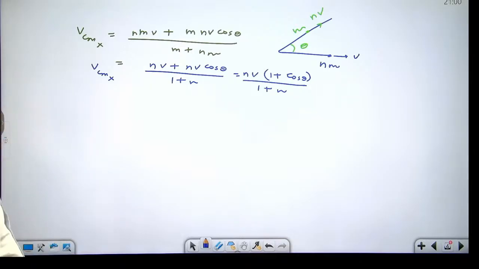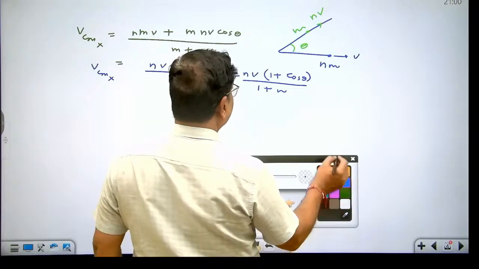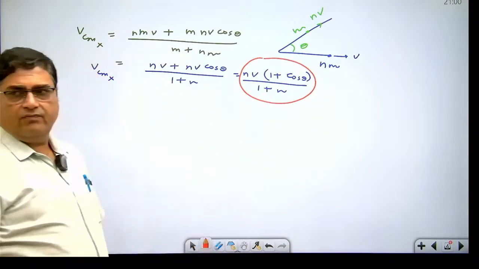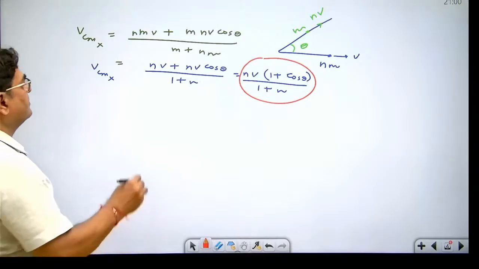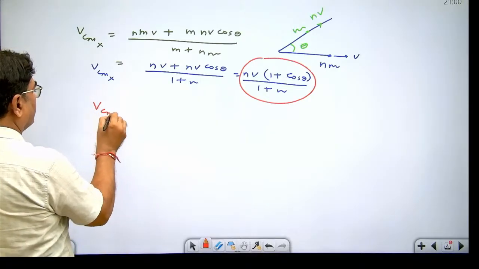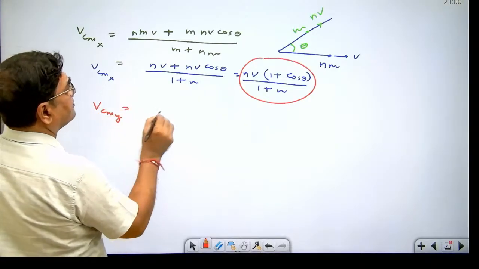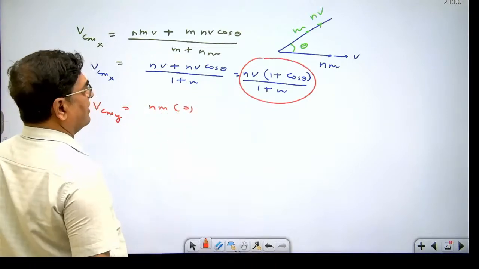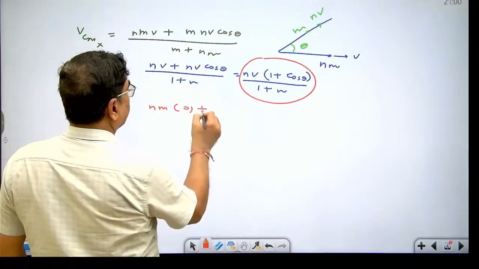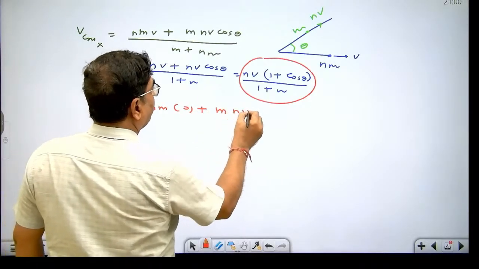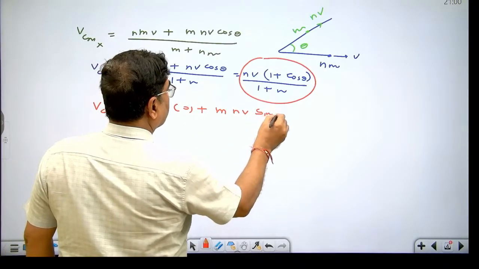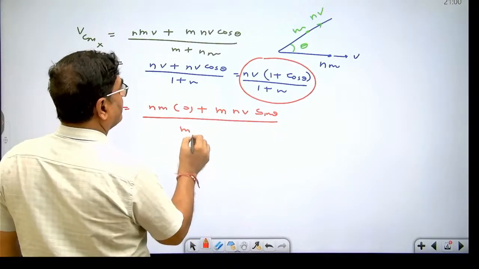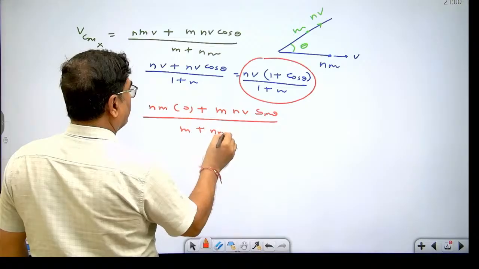Now, dear student, we will calculate in the y direction also. Velocity of center of mass in the y direction, magnitude: nm times 0, because it is having velocity only in the x direction, plus m into nv sine theta, divided by m plus nm.